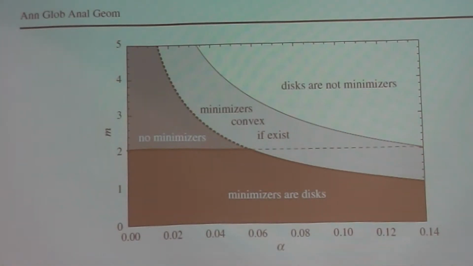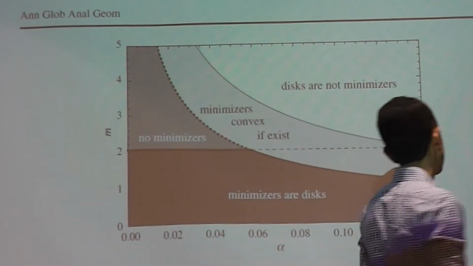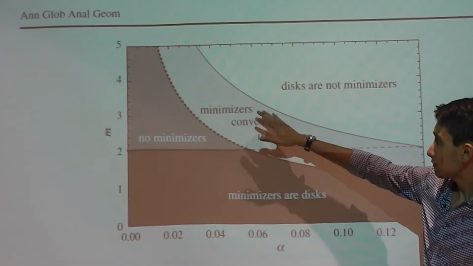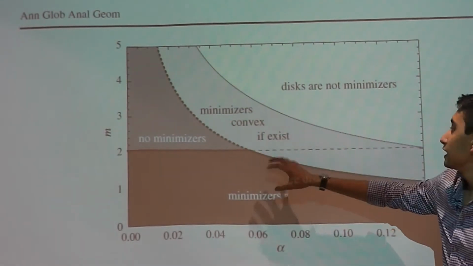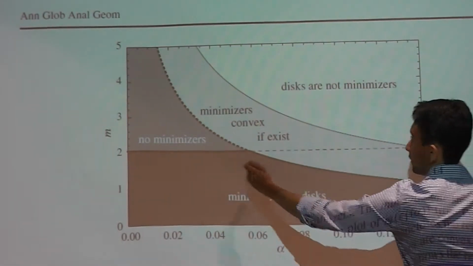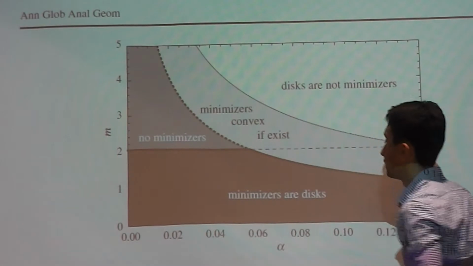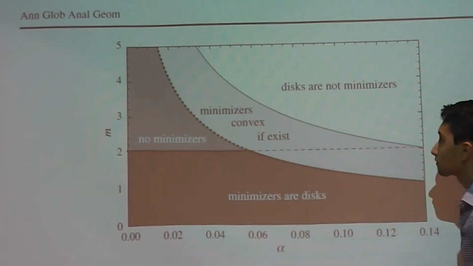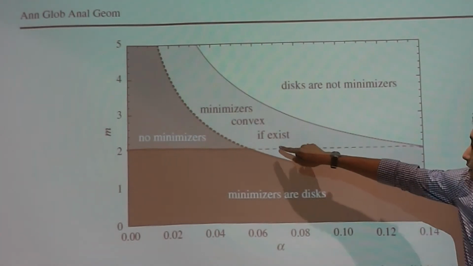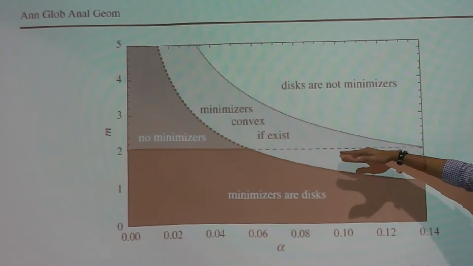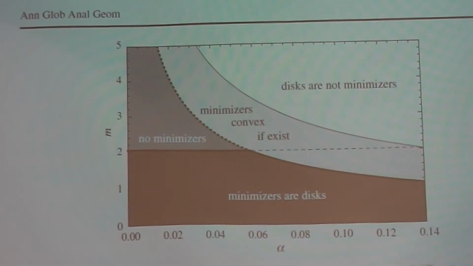By using the Euler-Lagrange equation, we could get a bound on convexity, and we found that there's this curve here. So for masses smaller than this, if there is a minimizer, it's convex. And then we have this here, so above this you can't have minimizers. So above this, if there is a minimizer, and below this, if there is a minimizer, it's a disk.